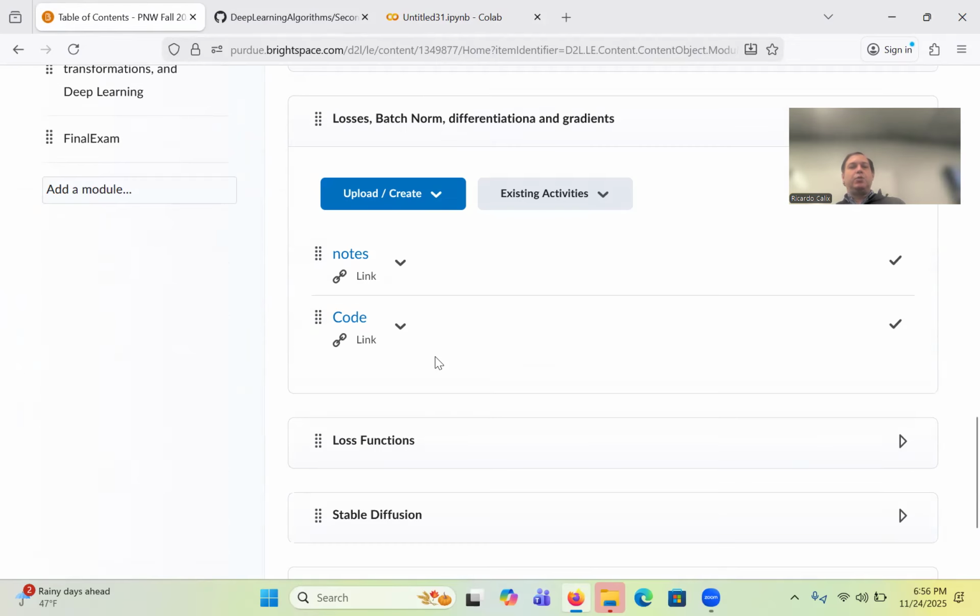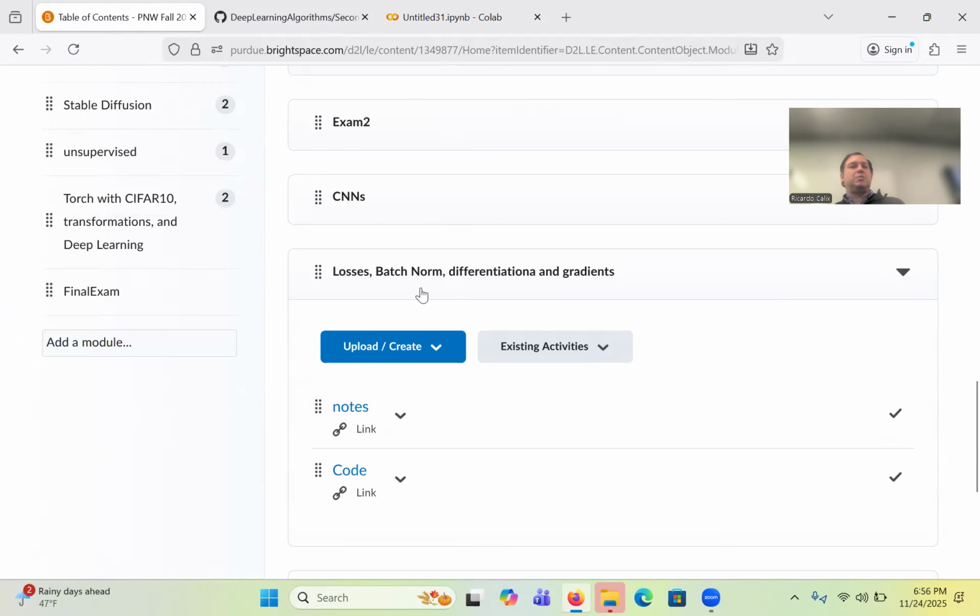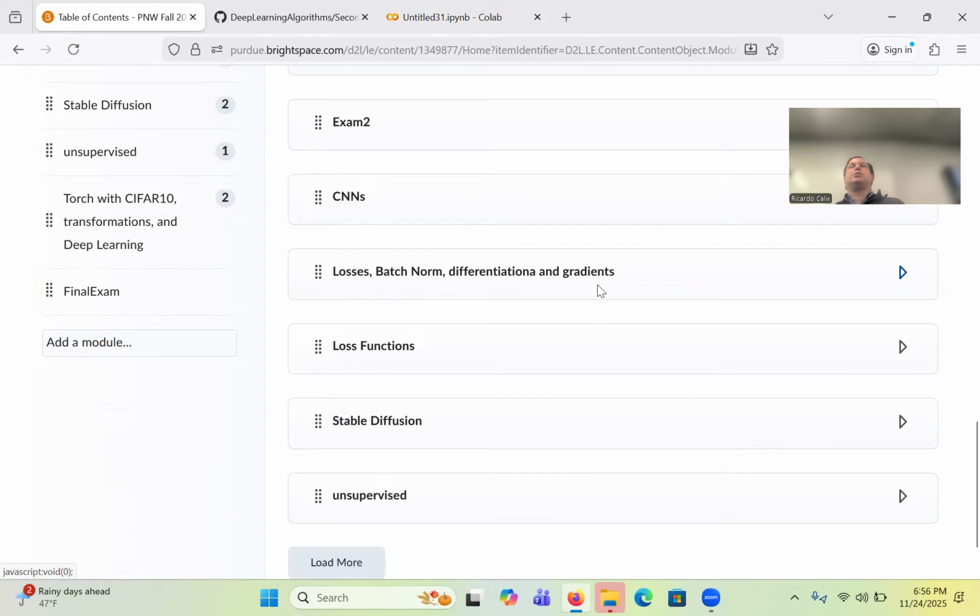So we have concluded this topic here: losses, batch normalization, differentiation, and gradients. Are there any questions on this idea? Right? So we talked about today, we trained a model, we looked at how we had an update rule, and then we know that the backward function, we just calculate that requires grad.